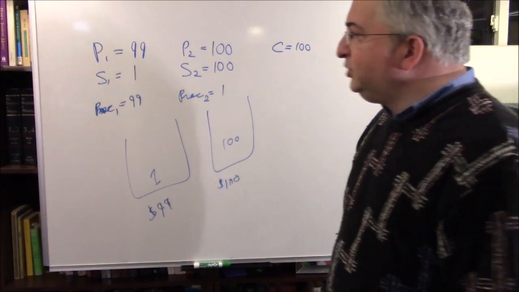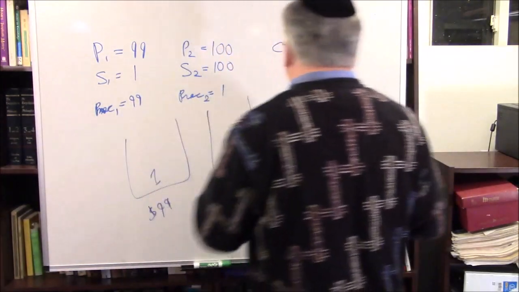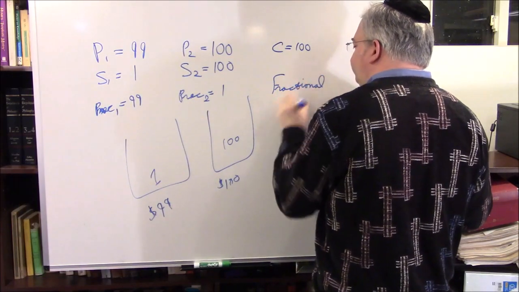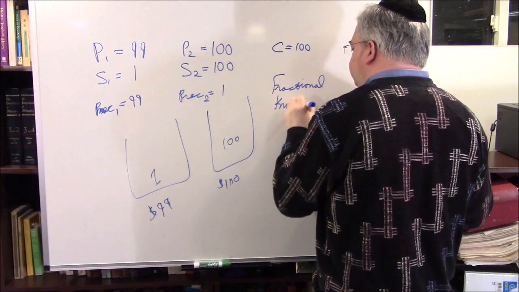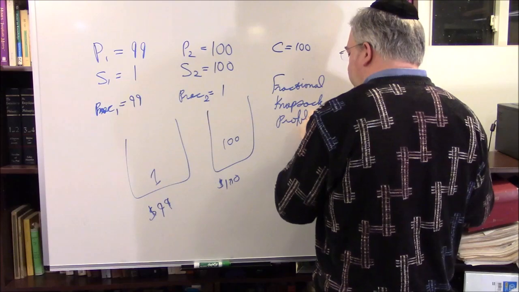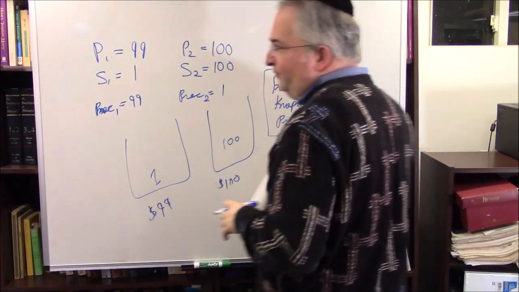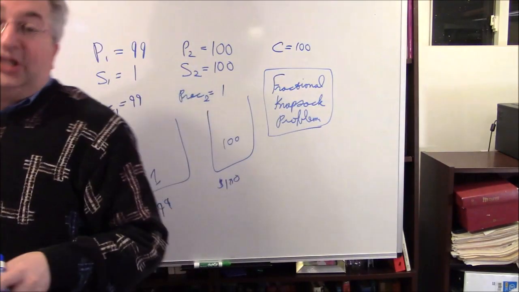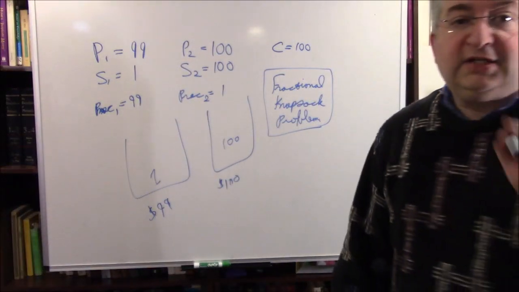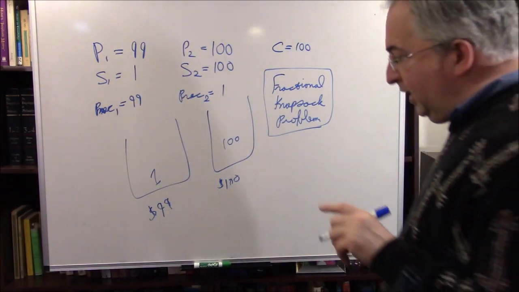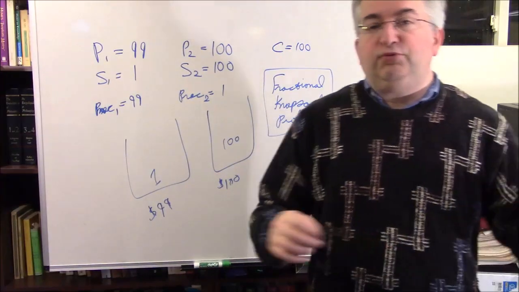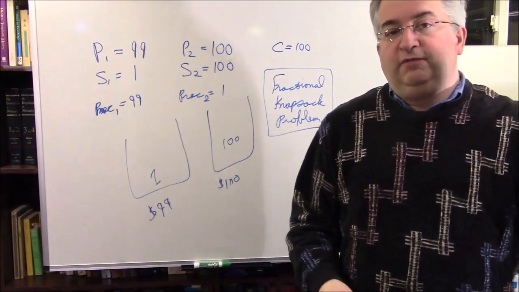I'd like to talk about another problem called the fractional knapsack problem, which is like the zero-one knapsack problem, except it has the following property. Again, you're given a bunch of sizes, a bunch of prices, a capacity, and a goal.